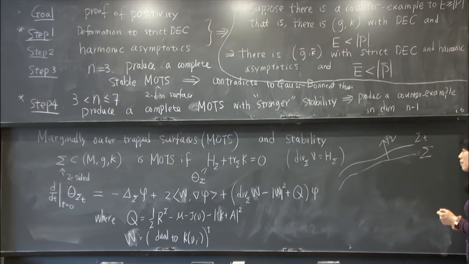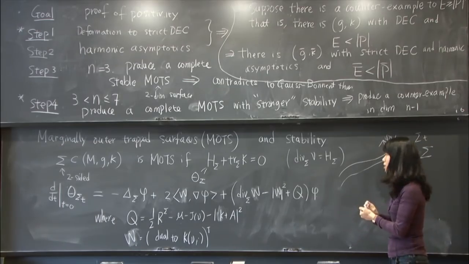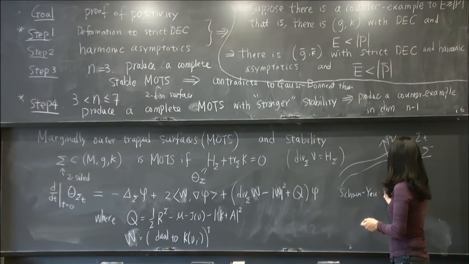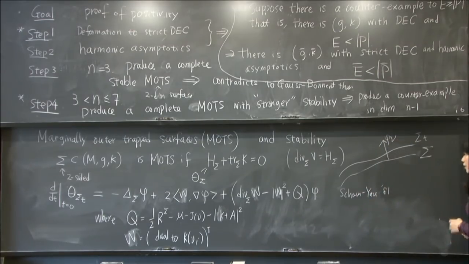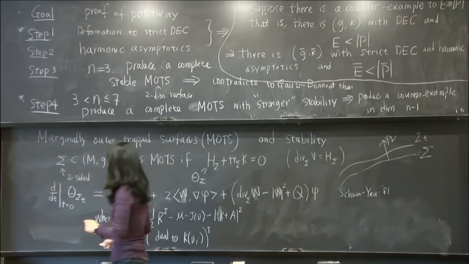So this identity was probably first really amazing. There are a lot of cancellations in computing this term, but you can find it in Schoen and Yau's paper on the positive energy theorem. And then people use this quantity, this operator, to define stability later.